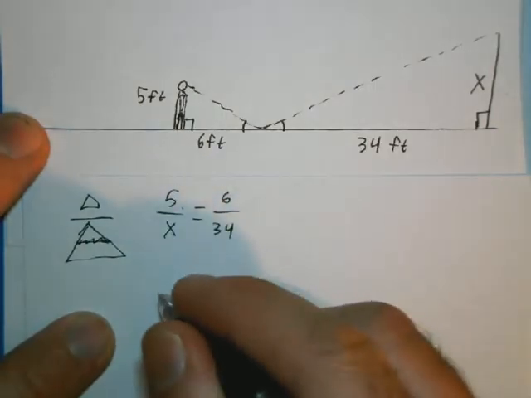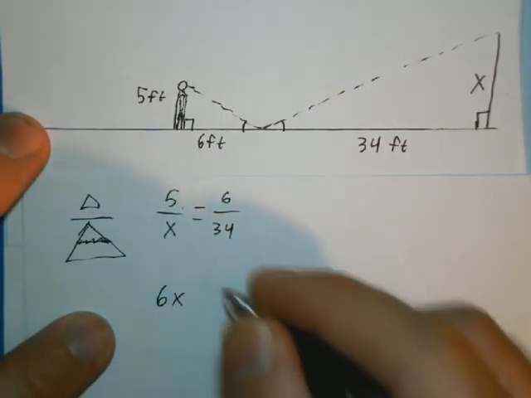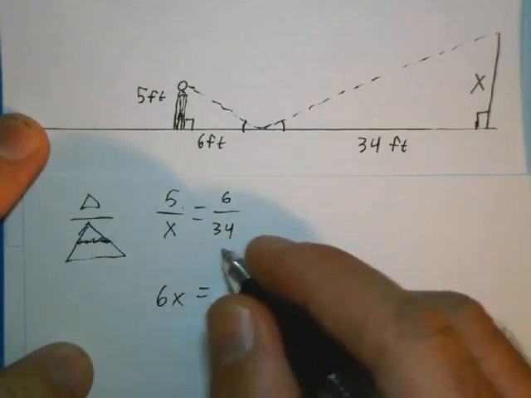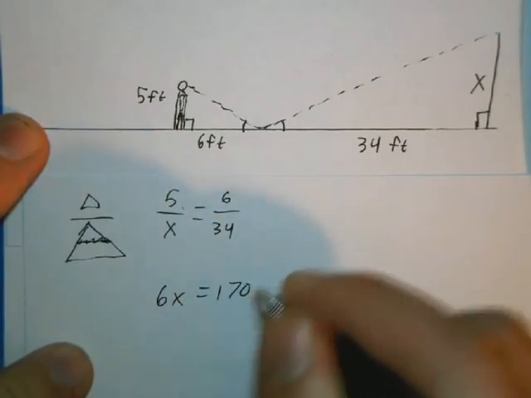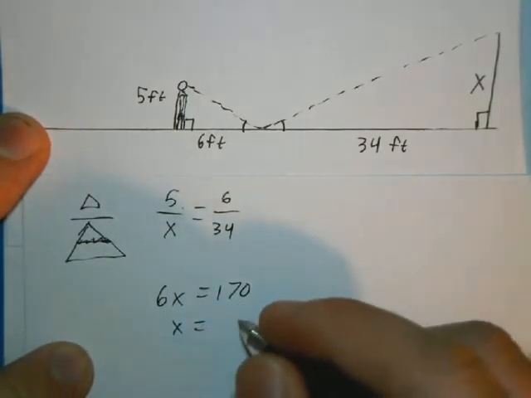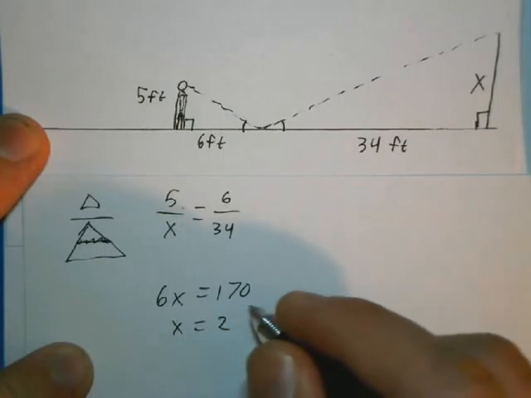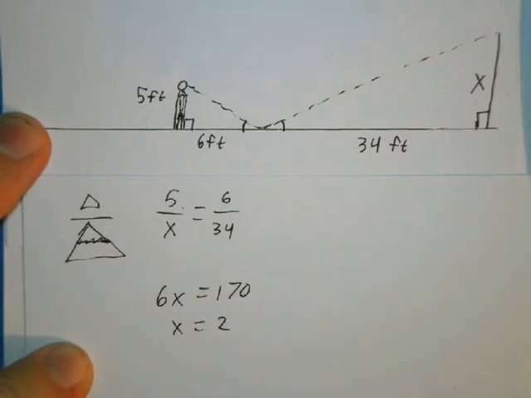We cross multiply, we get 6x equals 170. x equals 170 divided by 6.